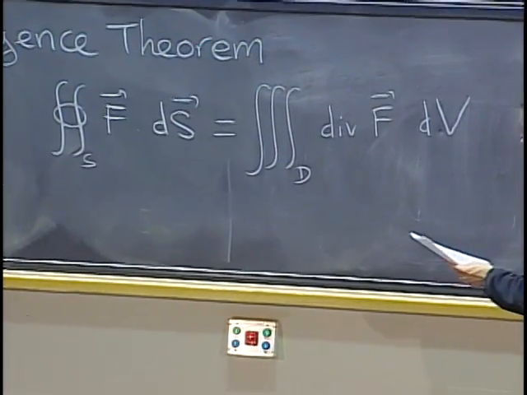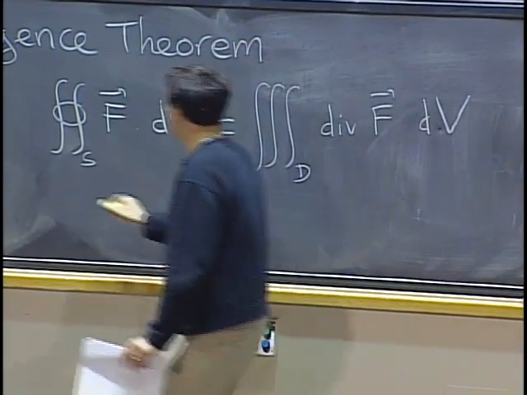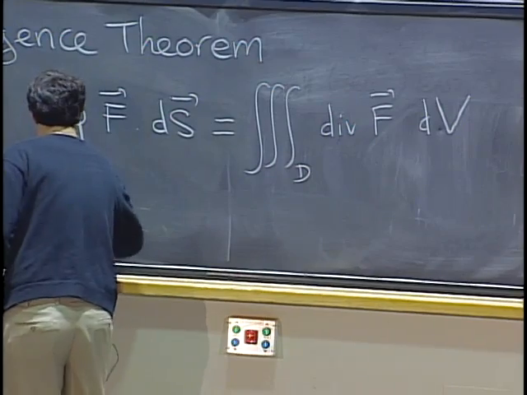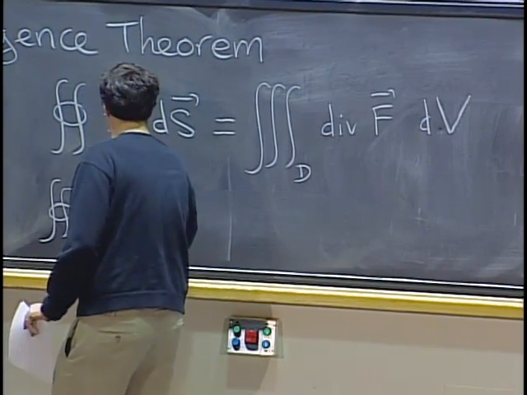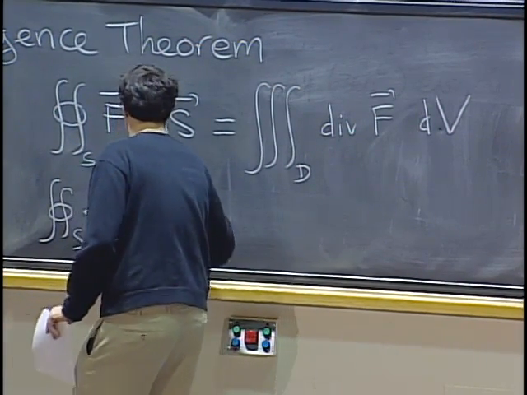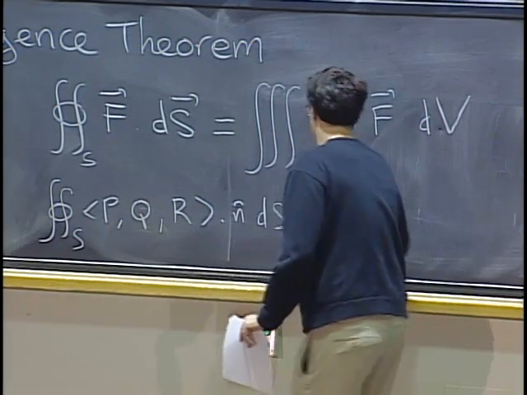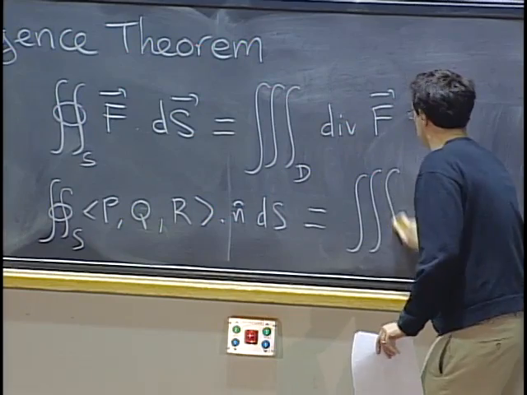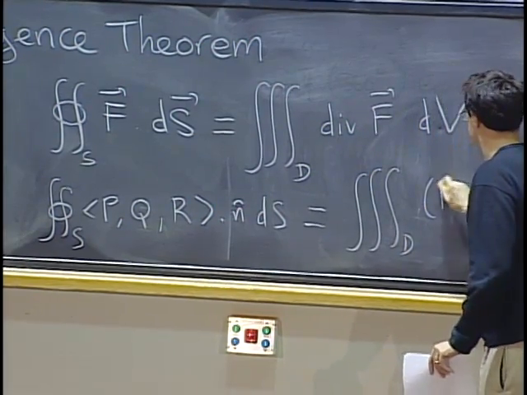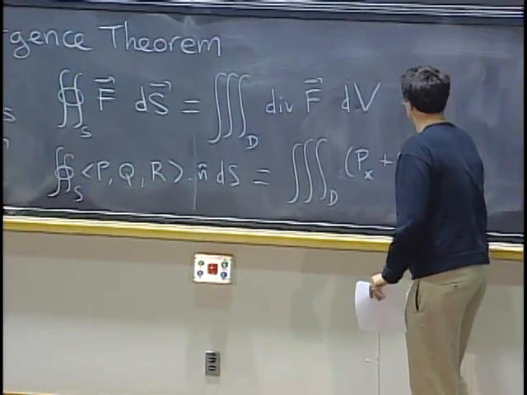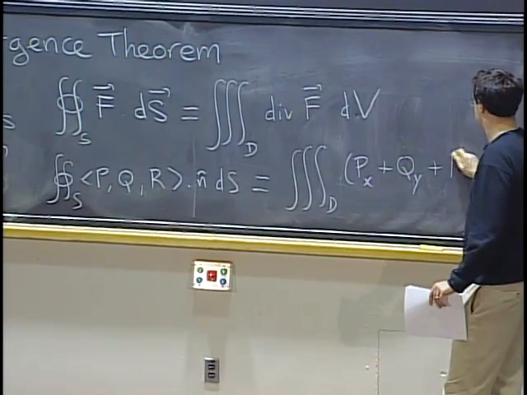Concretely, if I use coordinates, let's say the components of my vector field are P, Q, and R, then the flux integral of F dot n dS will become the triple integral of the divergence, which is P sub x plus Q sub y plus R sub z.